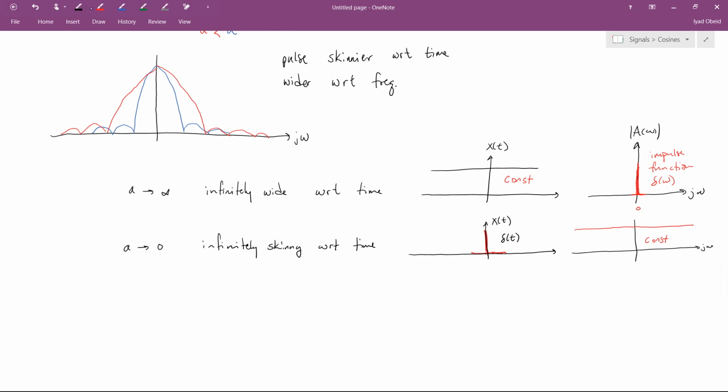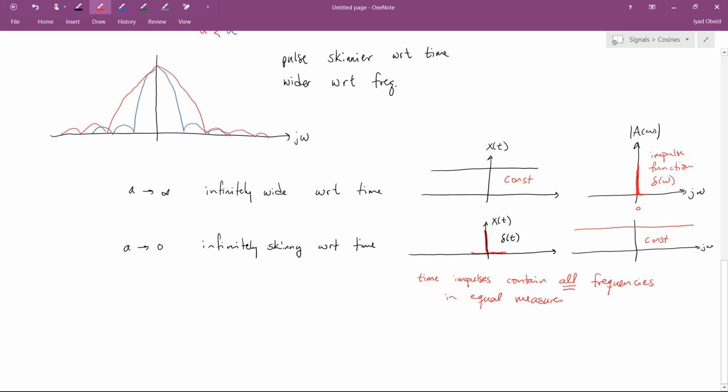So what that tells us is that time impulses contain all frequencies in equal measure. This is a very useful property of time impulses.